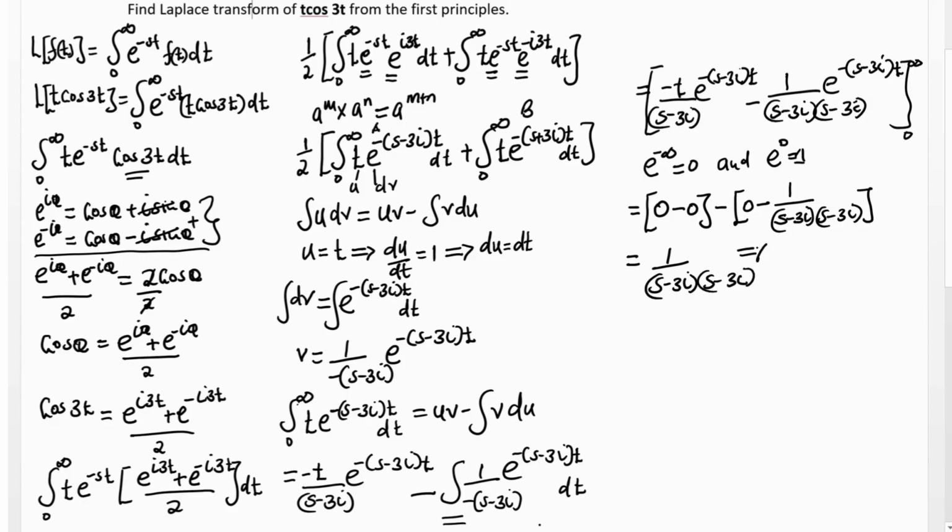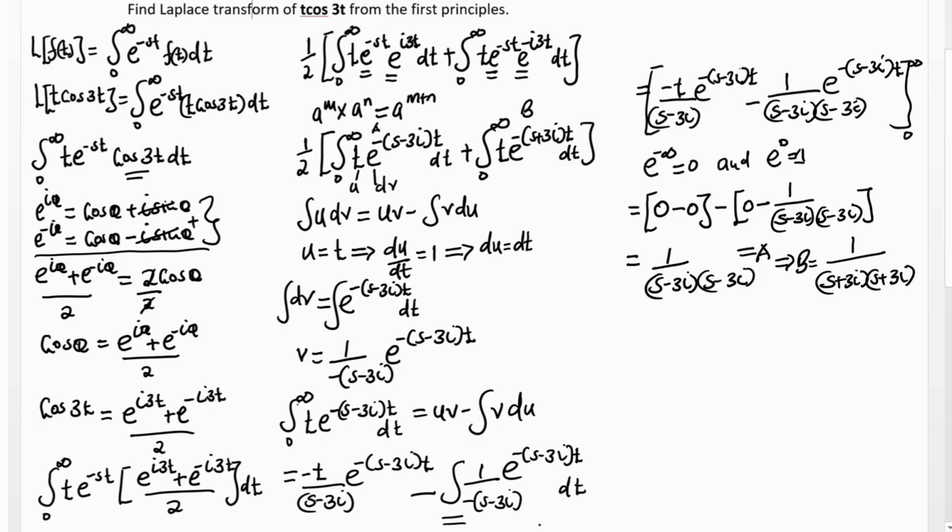That is part A of our equation. We compare this to part B. The only difference is a plus and a minus sign. So part B is given by 1 all over s plus 3i into s plus 3i.